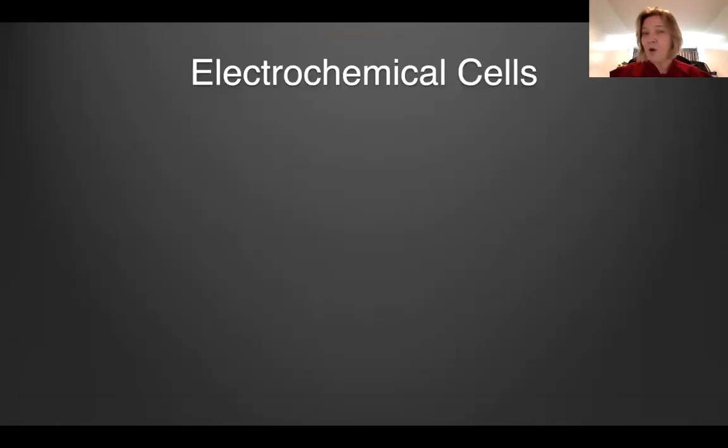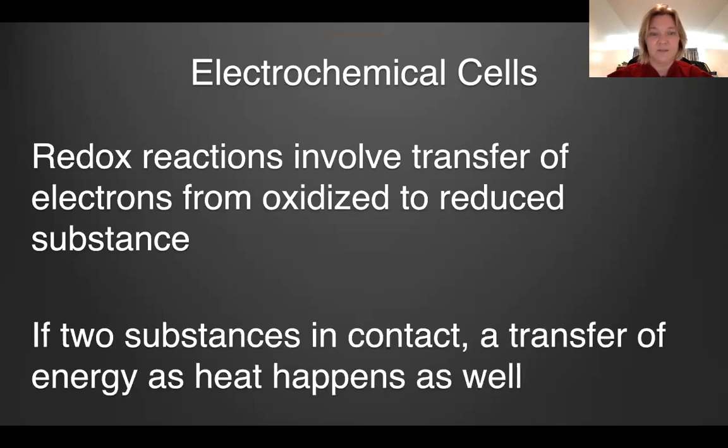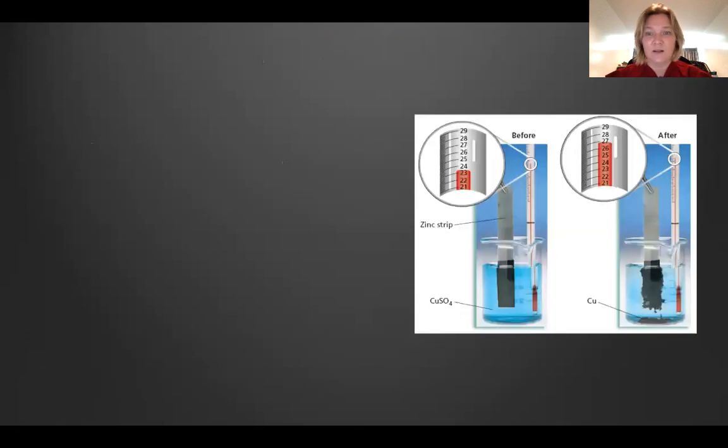Okay. So the main topic for this section is electrochemical cells. Redox reactions involve the transfer of electrons from the oxidized to the reduced substance. If these two substances are in contact, a transfer of energy as heat happens as well. Here's an example.